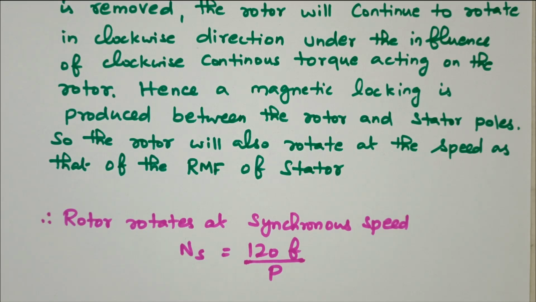In order to avoid the clockwise and anti-clockwise rotation, we make some external arrangement so that the stator and rotor poles always attract each other and rotate in the clockwise direction to produce the unidirectional torque with magnetic locking. Finally the rotor rotates with the stator's rotating magnetic field at the same speed, that is N = 120f/P.